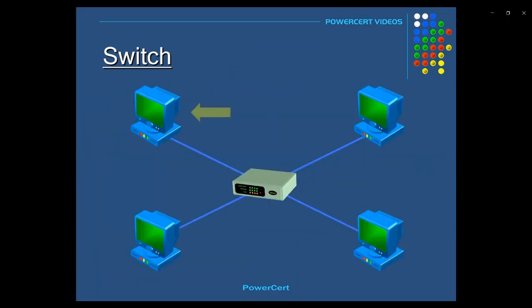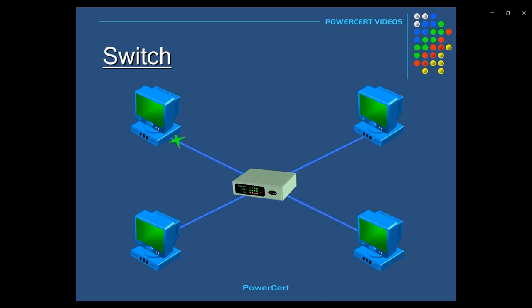So as an example, if this computer here wanted to communicate with this computer over here, the data packet arrives at the switch, and then the switch will look at its table of MAC addresses and matching ports and deliver the data to the correct port. And then the data packet would only go to that computer. So that's the major difference between a hub and a switch.